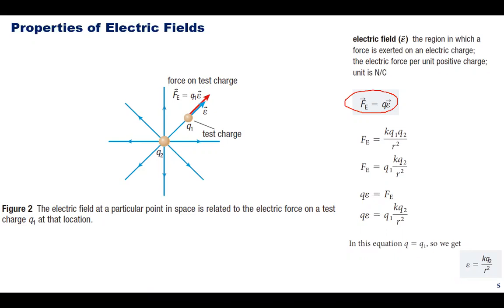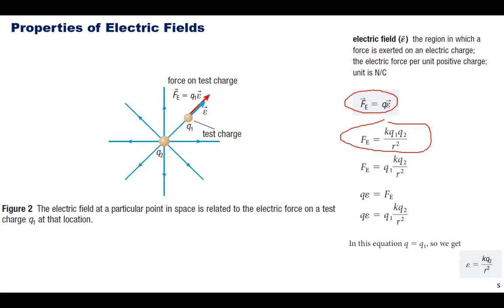The test charge is once again denoted by Q1. So according to Coulomb's law, the electric force exerted on Q1 by Q2 has a magnitude of Fe equals k Q1 Q2 over R squared, right?